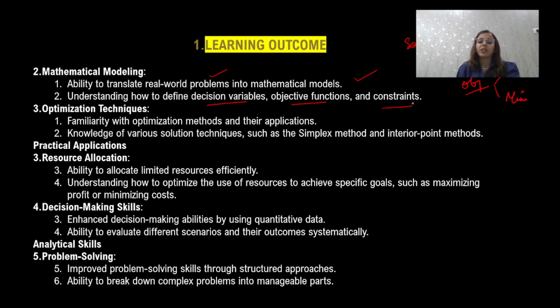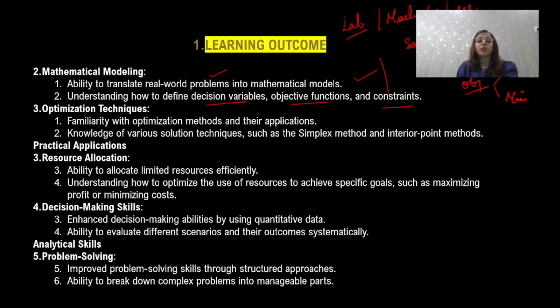And yes, when we are dealing with linear programming, there are different types of constraints. Like we have constraints related to labor, we have constraints related to machine hours and timing, and we have constraints limited to resources. So we have to consider all these values.